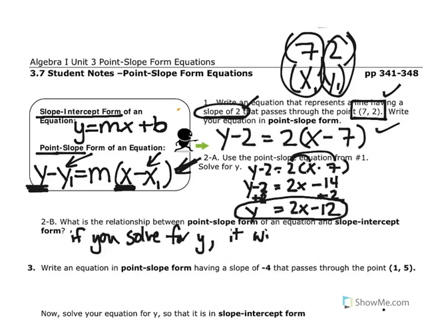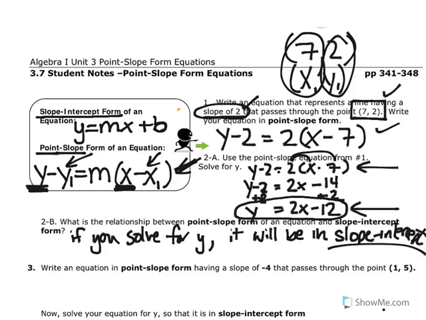If you take a point-slope equation and solve it for y, it'll change to slope-intercept form. You see how we did that? We took point-slope form, we solved it for y, and we ended up in slope-intercept form. There's a slope of 2, and we now know that the y-intercept is negative 12.